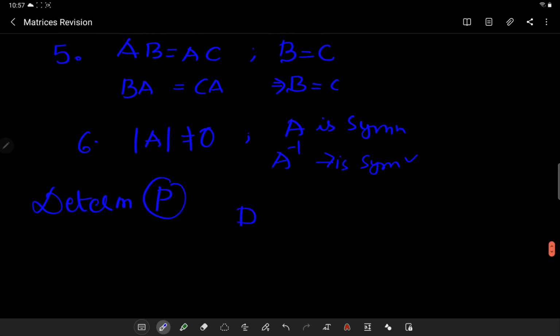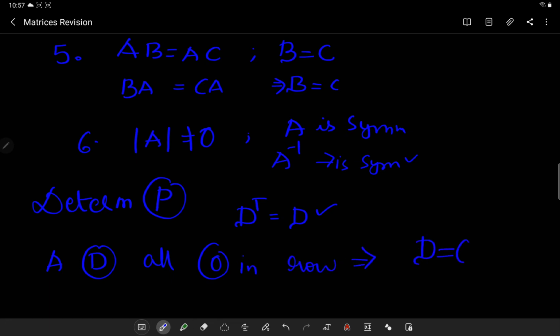Now what are the properties of determinant? So the transpose of a determinant is again the same determinant. Now a determinant with all zeros in a row will also have the value of the determinant as 0. This is very important. So if you have a row in which all are zeros, then the determinant is simply 0.